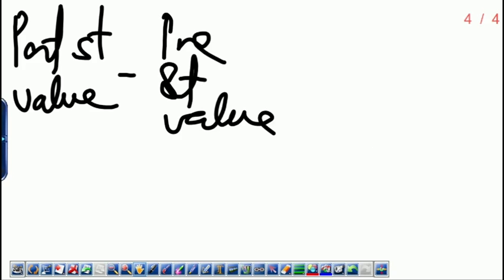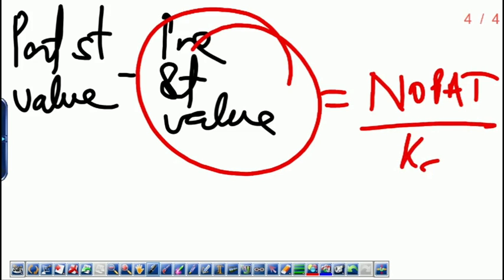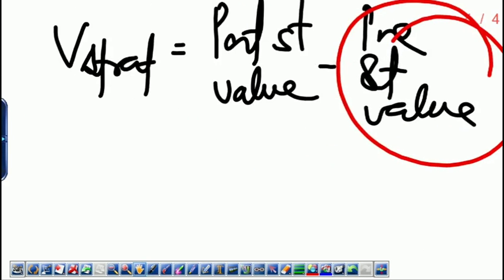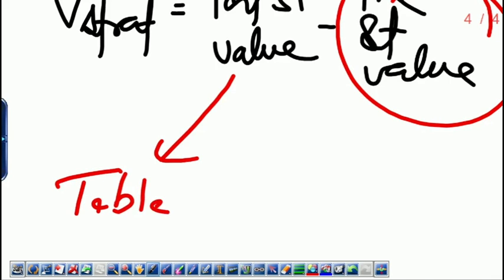Pre-strategy, the firm is a no-growth firm, so pre-strategy value is simply NOPAT by KC. There is no problem with this at all. Post-strategy value, the firm is going to grow for 3-4 years. So this is table plus formula. Table plus formula.